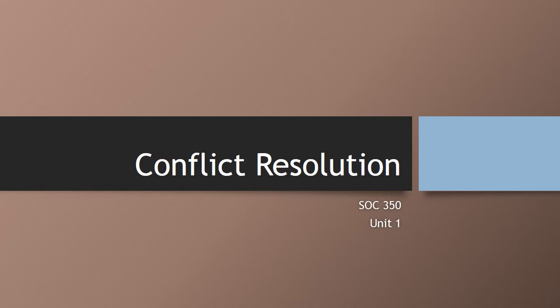In reality, it can be a catalyst for positive change. While conflict can be uncomfortable, it is not unhealthy, nor is it necessarily bad. An important question we address in this course is not how can we avoid conflict and eliminate change, but rather how can we manage conflict and produce positive change.